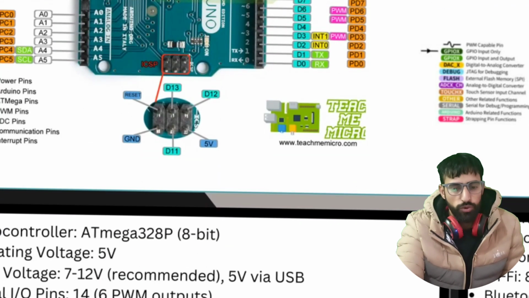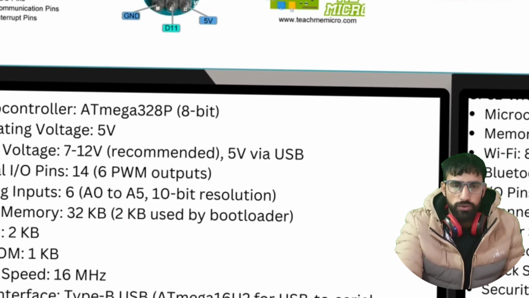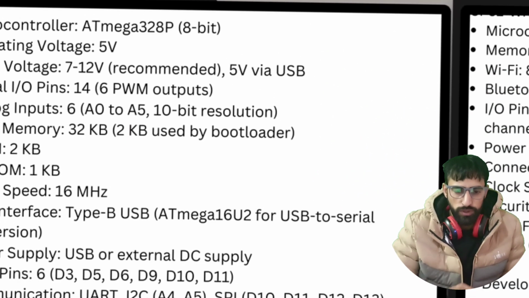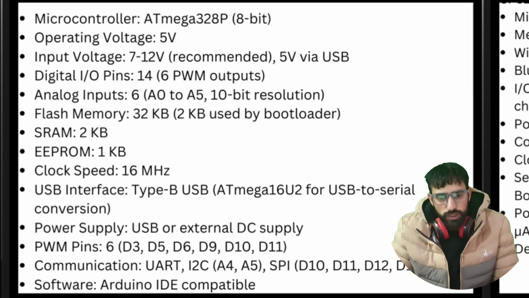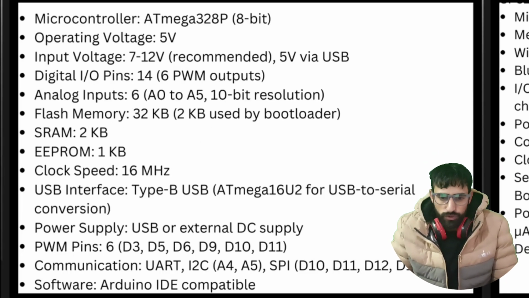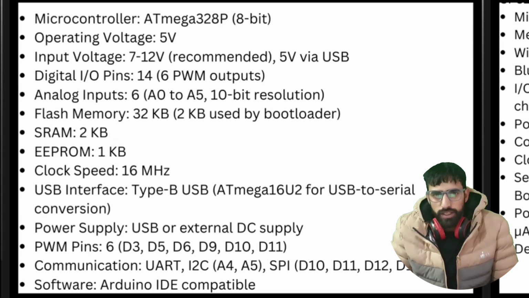Now let's talk about the specifications of the Arduino Uno. The microcontroller is the ATmega328, the same 8-bit microcontroller with an 8-bit CPU. Operating voltage is 5 volt, input voltage is 7 to 12. Here's one other difference: we can use a 12 volt adapter directly with the Arduino Uno, but that's not compatible with the Arduino Nano.